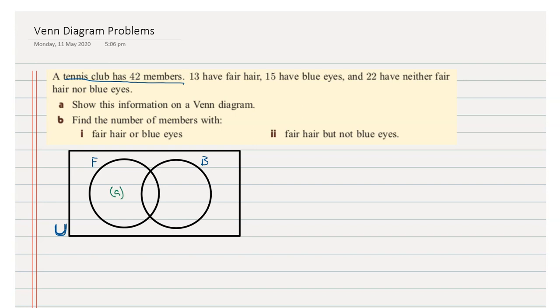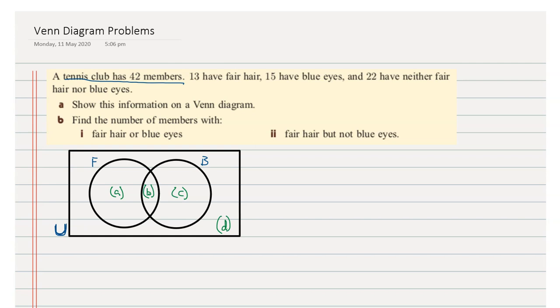Now to continue with the annotation, I'm going to write A, B, C, and D. These variables represent the amount of people within the sets themselves, or the areas of the sets.